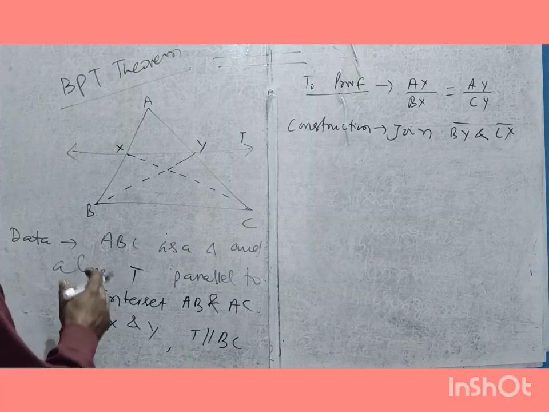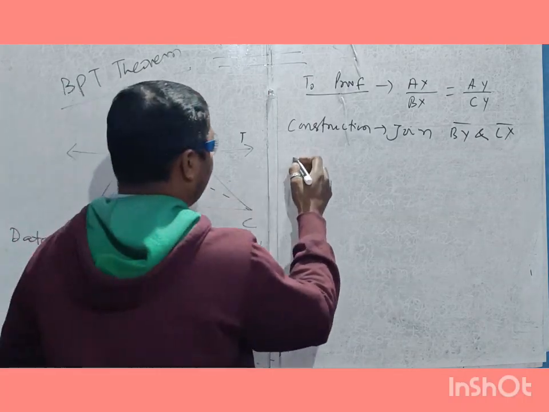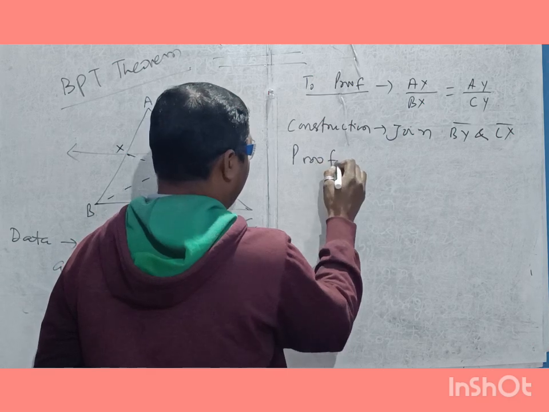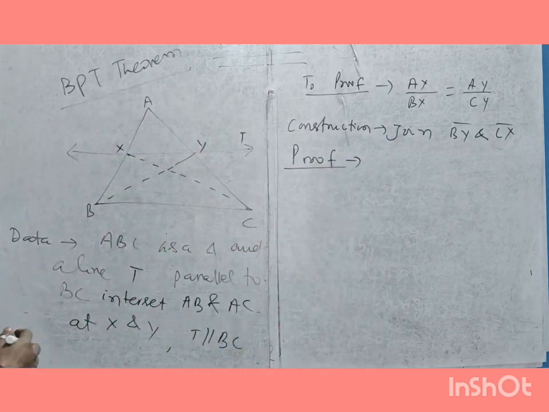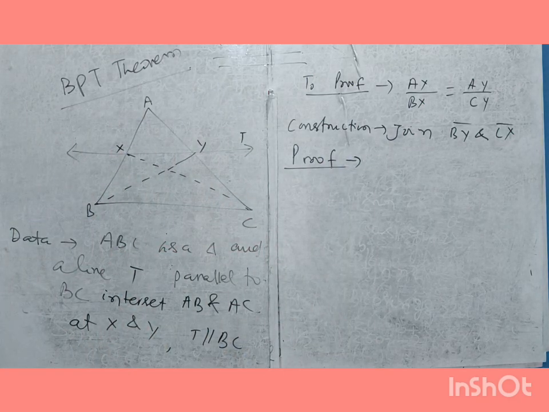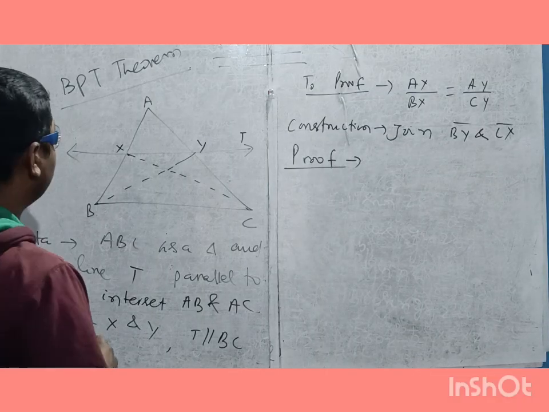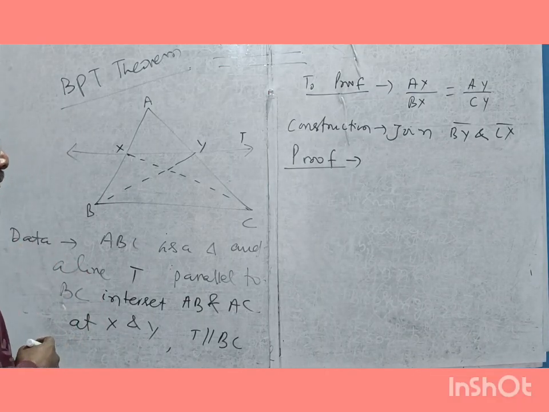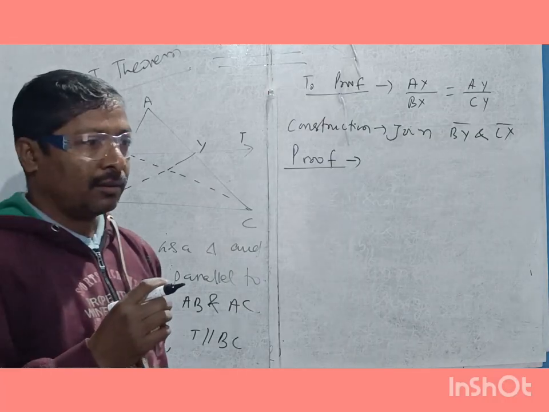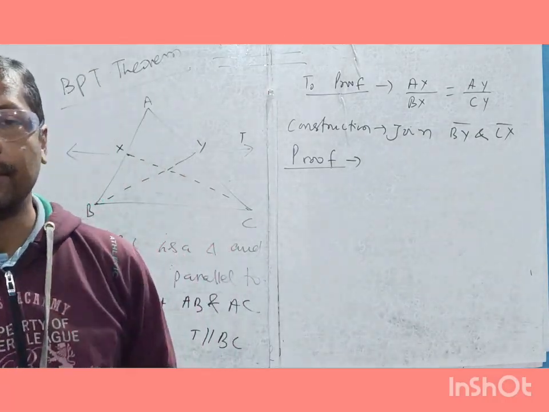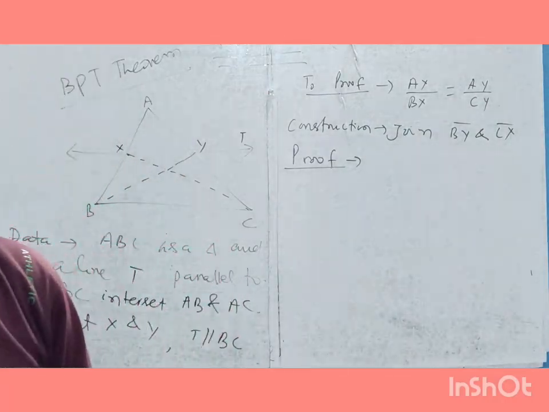Now the three steps are done. The final step is the proof. Now we will go towards the proof. You know that the area of a triangle is half base into height.